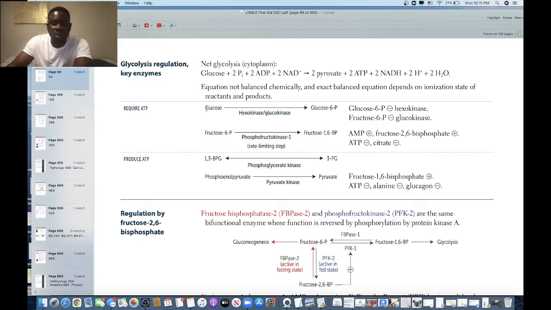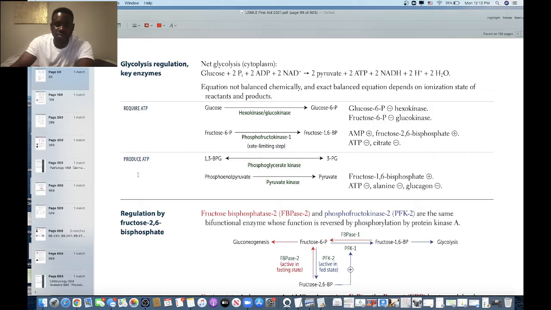What they do is convert glucose into glucose 6-phosphate. The next one is fructose 6-phosphate being converted by phosphofructokinase 1, the PFK1. That's the rate limiting enzyme for glycolysis. So PFK1 converts fructose 6-phosphate into fructose 1,6-bisphosphate, and these two steps require ATP.